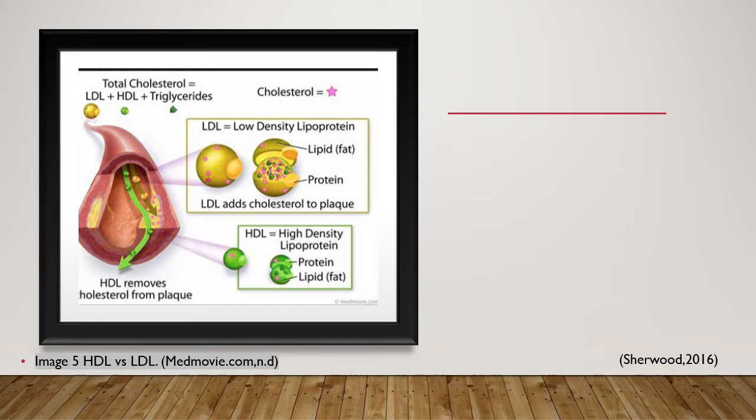As I begin to describe coronary artery disease progression, I'll take a brief moment to explain the difference between what is commonly known as good cholesterol and bad cholesterol. Good cholesterol, also known as high-density lipoproteins, or HDL for short, are necessary in the body and actually can help get rid of the bad cholesterol, which we'll talk about in a second, by transporting it back to the liver to get rid of it.